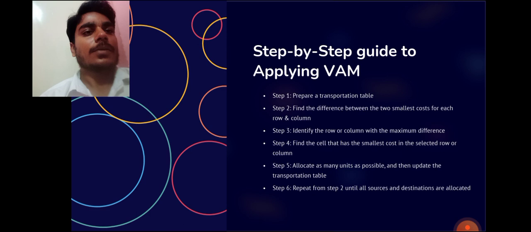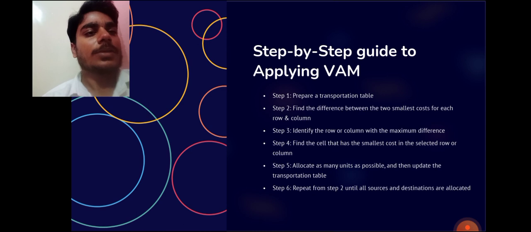After the inability to deal with other constraints, we are going to discuss a step by step guide to applying VAM. The process of the VAM method: the first step is to prepare a transportation table. The second step is finding the difference between the two smallest costs of each row and column. The third step is to identify the row or column with the maximum difference.